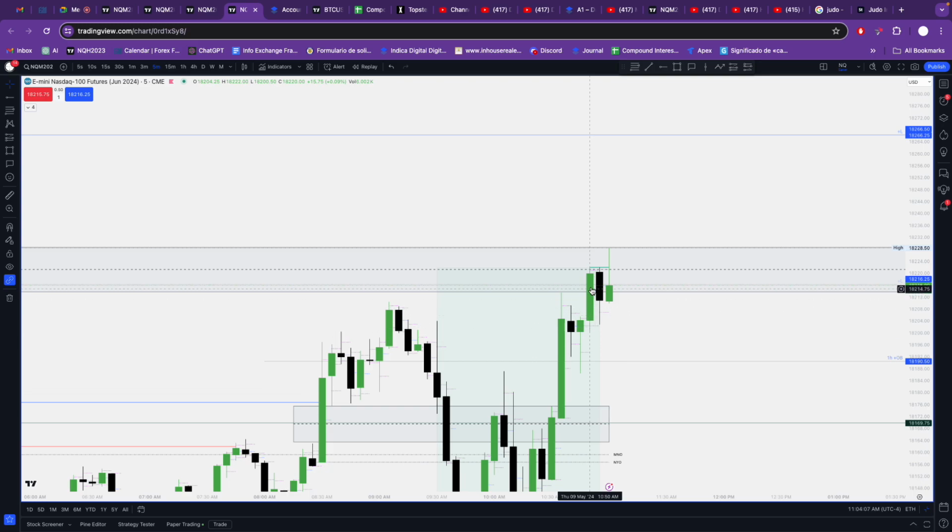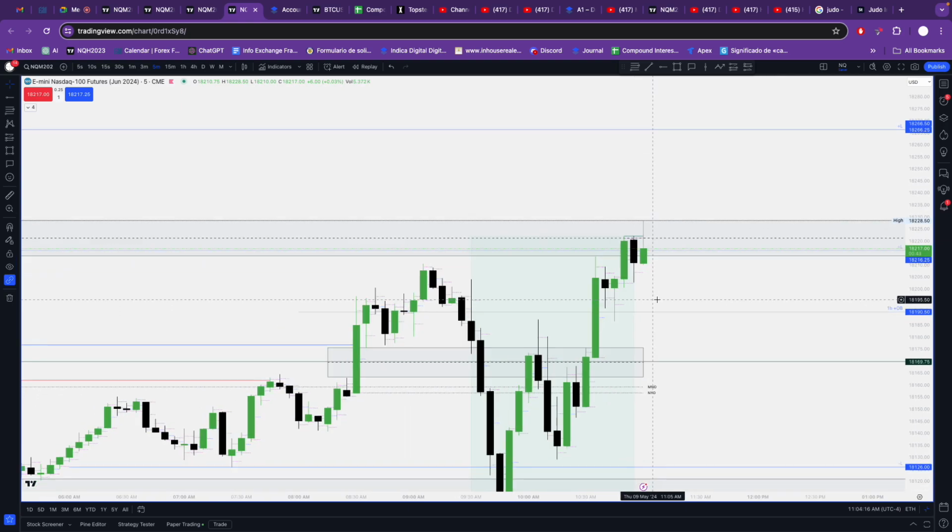This one right here. So change in state of delivery, it has to be a close below the up closing candle in premium for a bearish change in state of delivery.